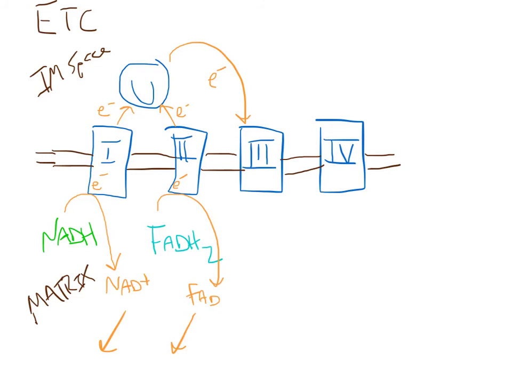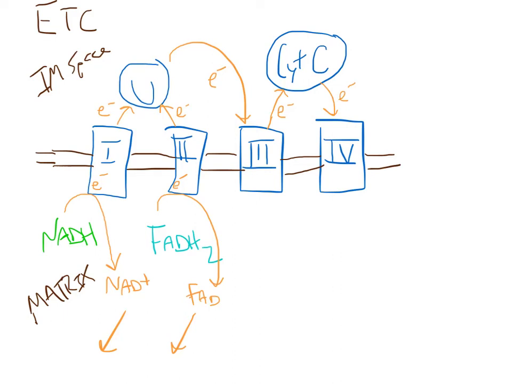Now from this point, it'd be nice if we could say that it just goes on to 4, but it doesn't. We go from complex 3 to, you might remember, something called cytochrome C, another accessory cytochrome that plays a role here. The electrons can go from complex 3 to cytochrome C, who is then able to pass them on to complex 4.